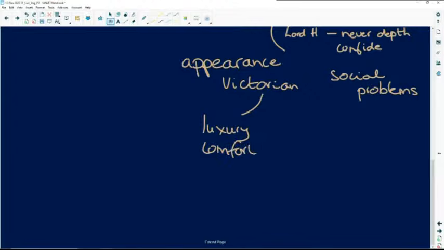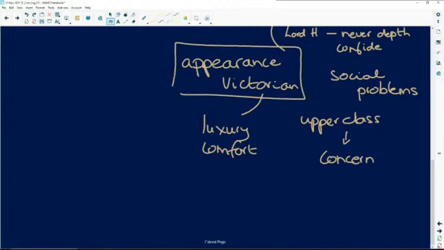And although some of the upper class, we meet them at various parties and meals, they certainly profess concern, but their concern doesn't go very far. So do you understand, once again, what seems to be my argument is that Victorian society is far too concerned with appearance and also concerned with luxury and comfort. So in fact, I'm back to the idea of self.